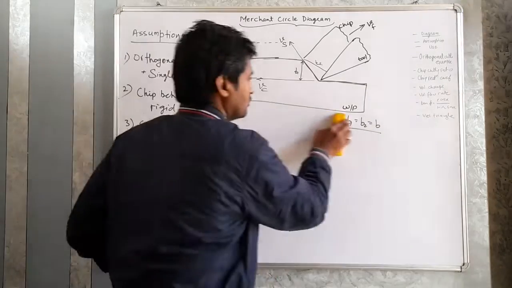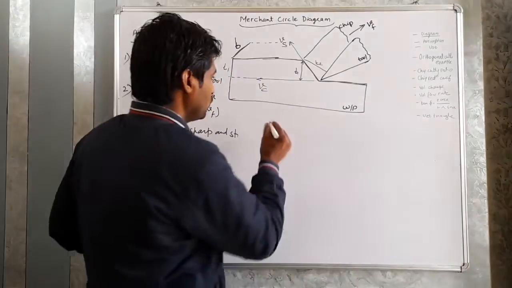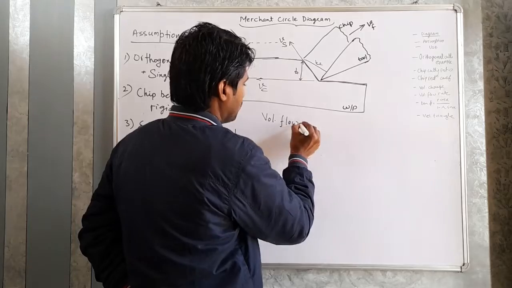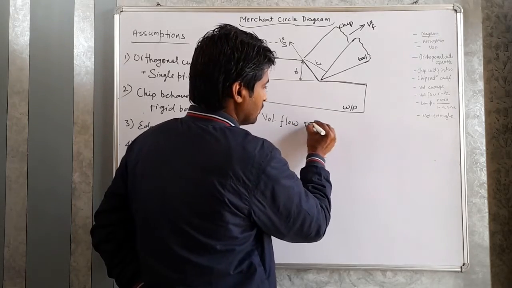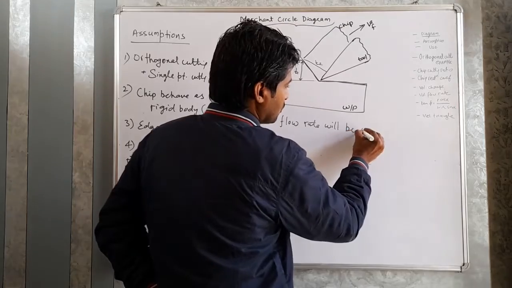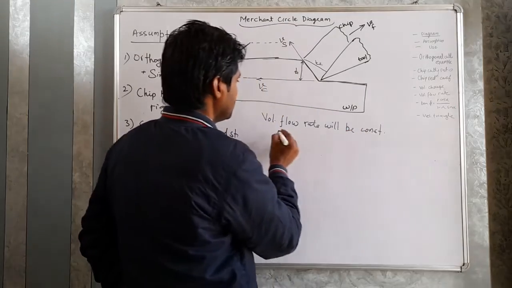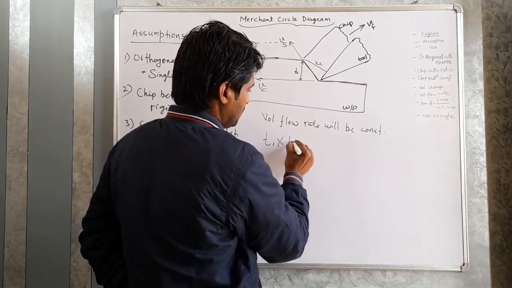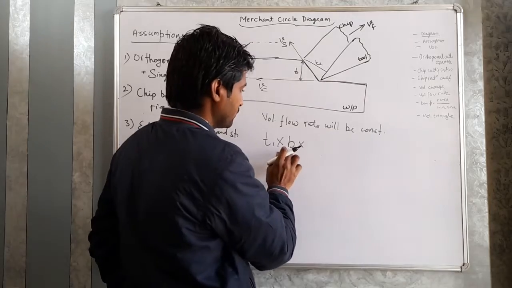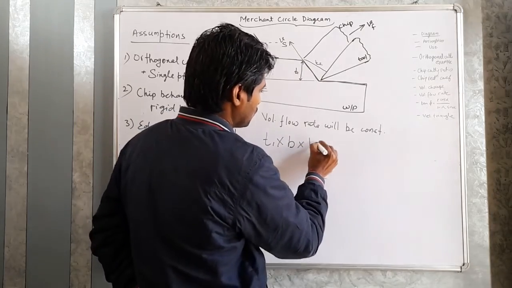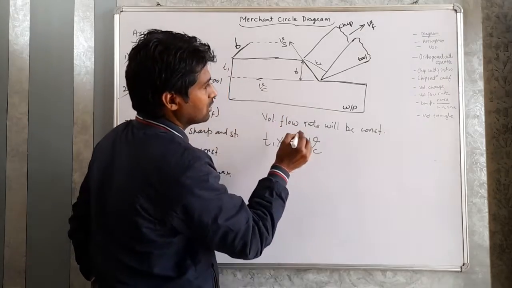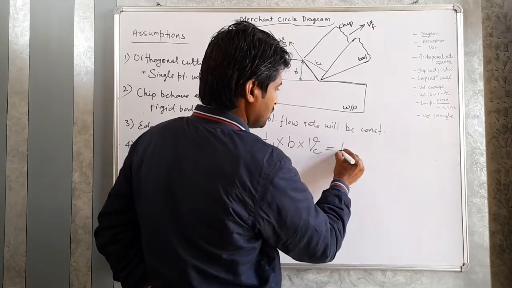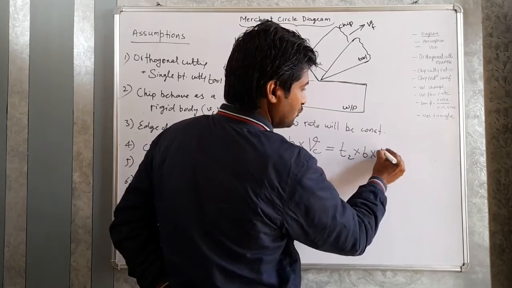Similarly, one more expression, volume flow rate. Volume flow rate will be constant. That is, volume flow rate will be given by T1 into B into VC. What is the VC? VC is the cutting velocity, equal to T2 into B into VF.